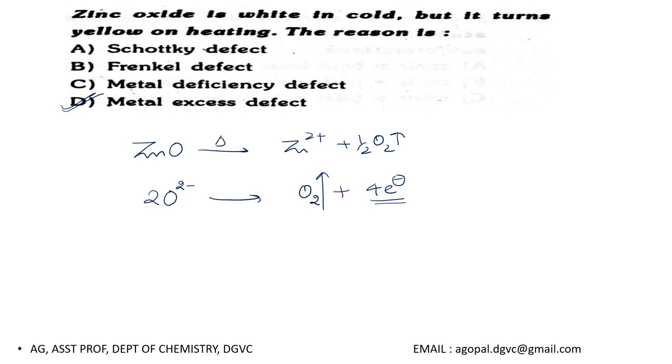Electrical neutrality is maintained because these electrons occupy anion vacancies, and therefore the crystal remains neutral. But if you compare the total number of metal ions and oxide ions, the total number of metal ions is more. That's why it is called metal excess defect. Due to the formation of F centers, the color becomes yellow on heating.